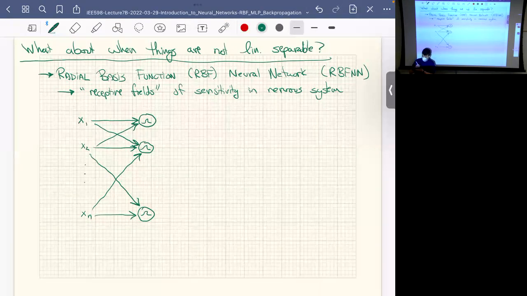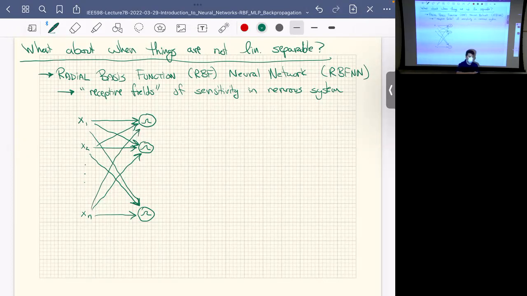So imagine me drawing lines from everywhere to everywhere here. I already drew that one. I don't know if I did all the right ones, but you get the idea. Each one of these receptive field units takes inputs from all of these X's. I'll tell you what the receptive field unit is in just a second.